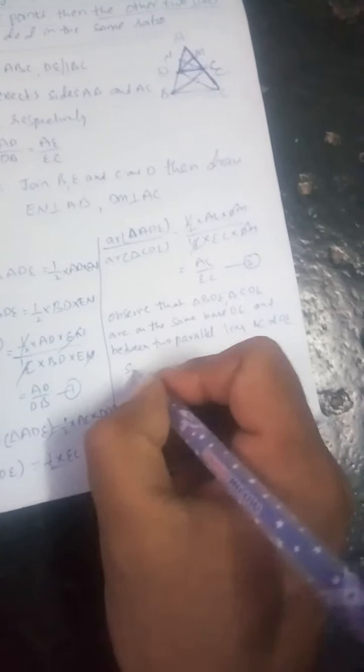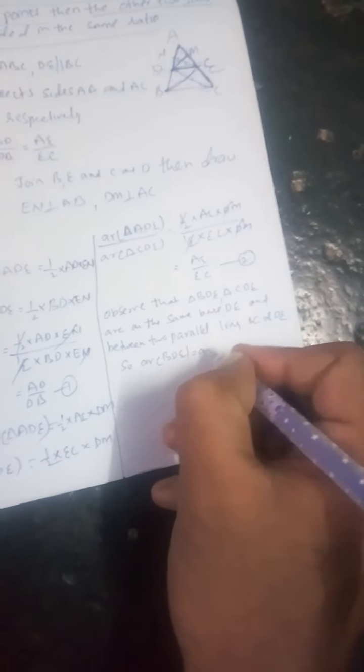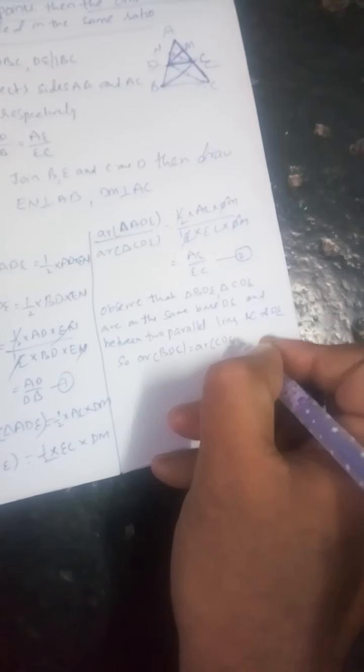What are the two parallel lines? DE and BC. Therefore both areas are equal. So area of triangle BDE equals area of triangle CDE.